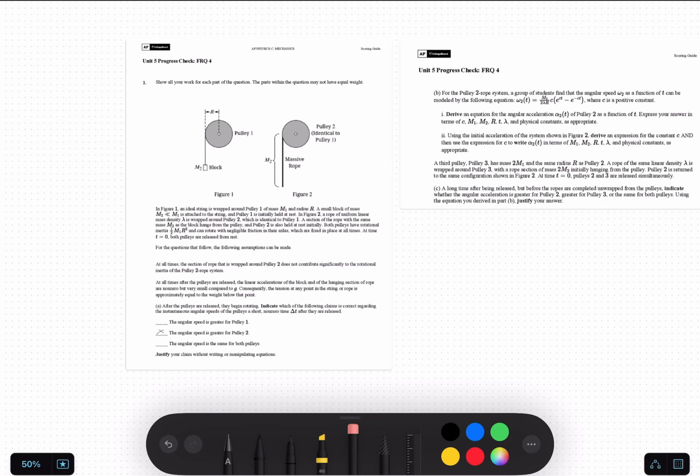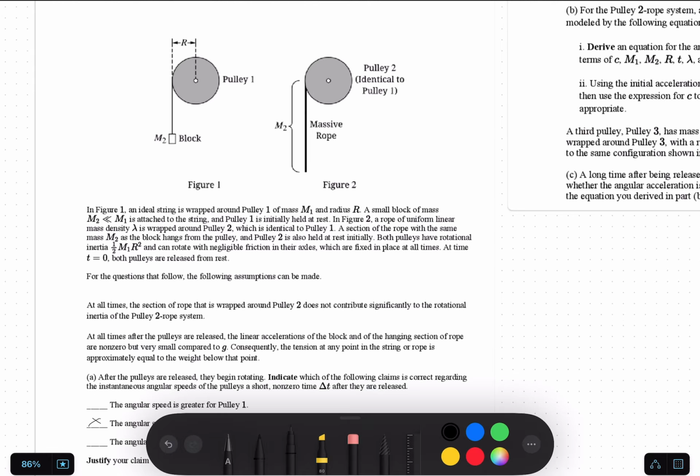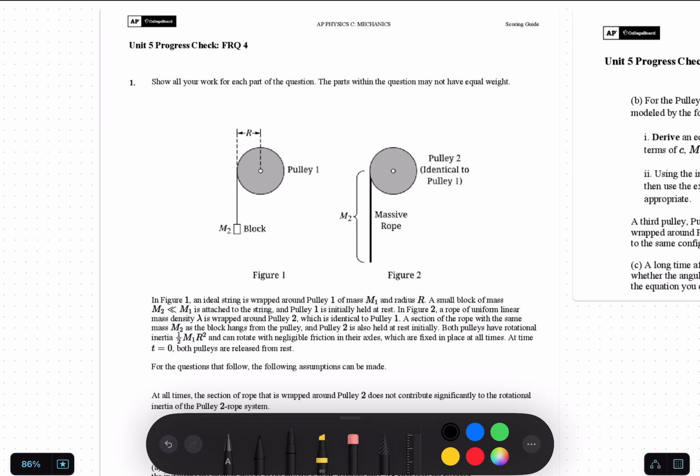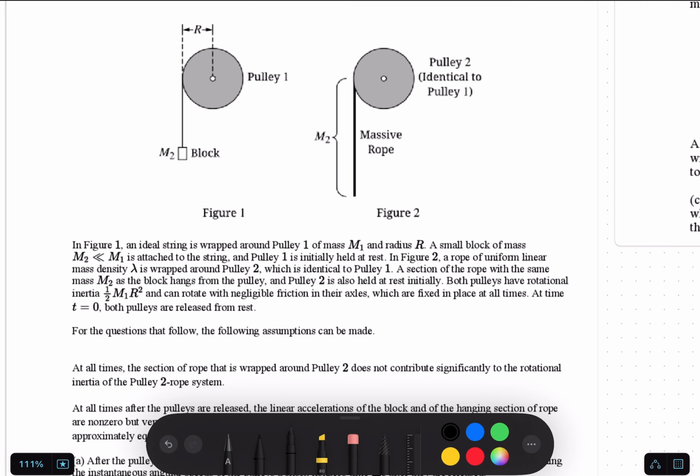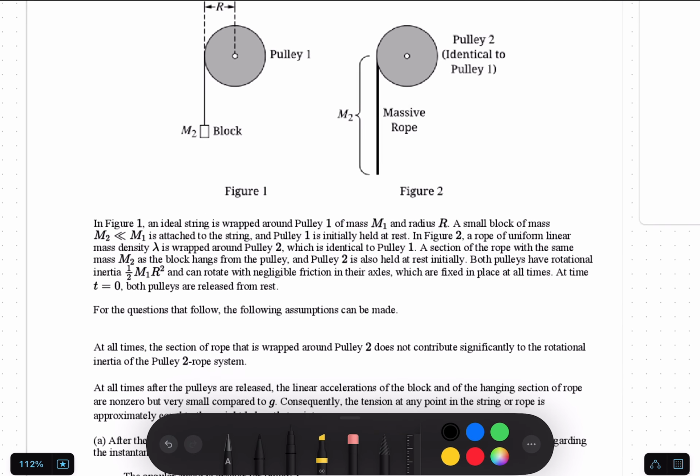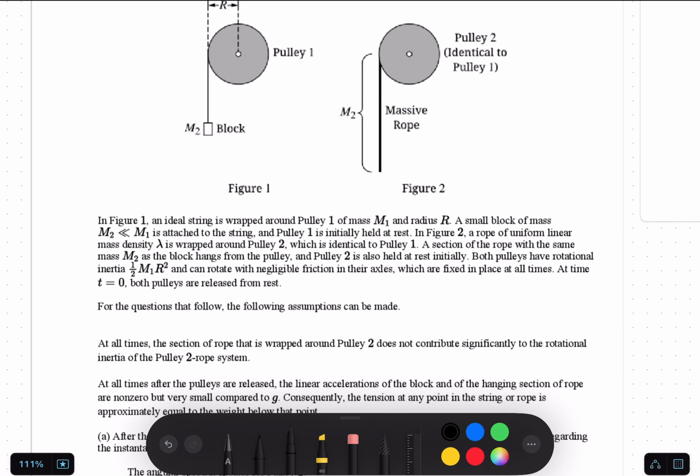Okay, so this is the Unit 5 Mastery Project for AP Physics. This is FRQ number 4, so we have a pulley with a block, and a pulley with a rope. They're held at rest.